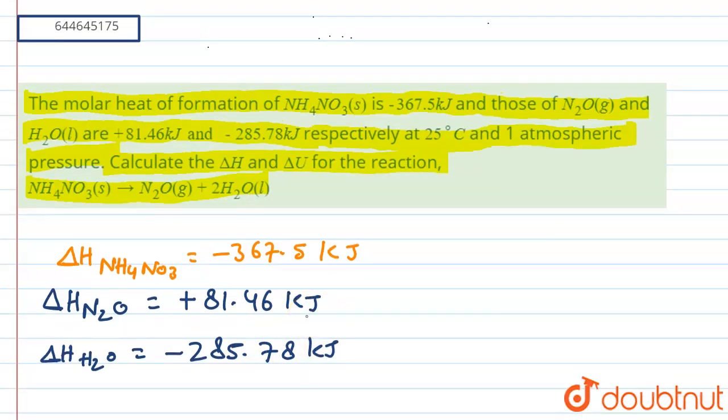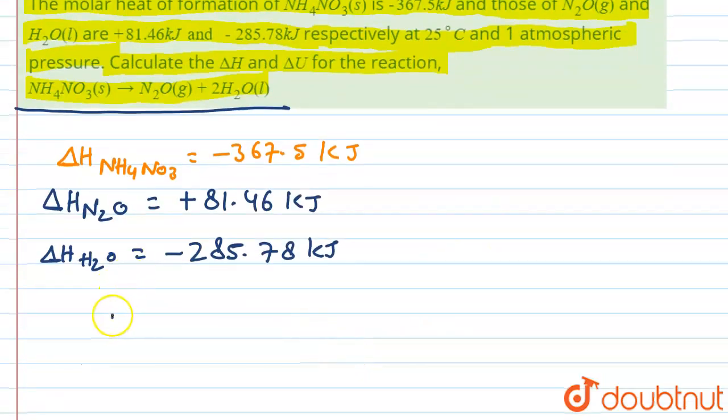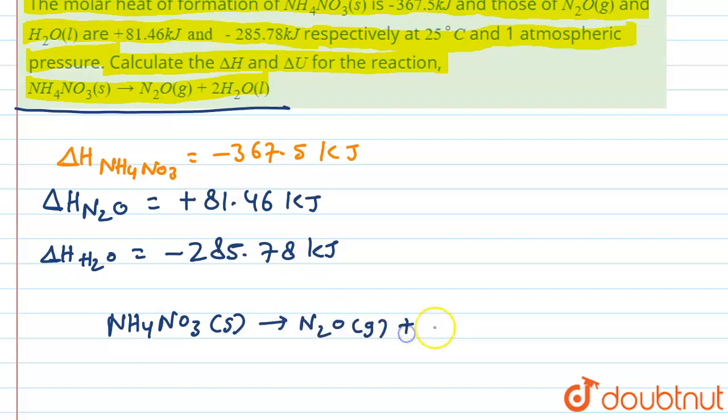Now, these are the values that we are given. So for the given reaction, I am going to write the equation here, which is NH4NO3 solid gives out N2O gas plus 2 moles of H2O, which is in liquid.